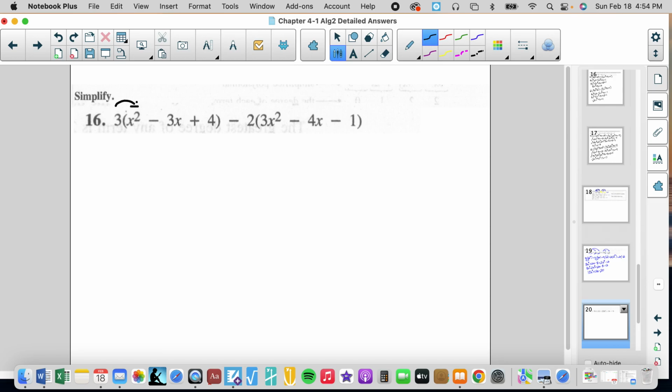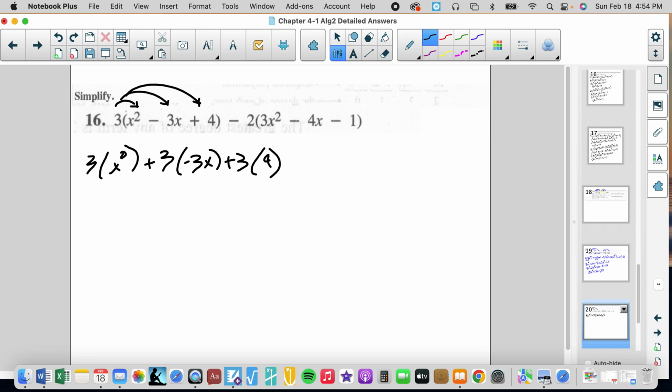So we're going to distribute this 3 into each of the 3 terms. 3 times x squared plus 3, we have to have that plus to show the separation between terms, times negative 3x plus 3 times 4. I see students not putting this sign in front of that term that's being distributed. We're distributing a positive 3.